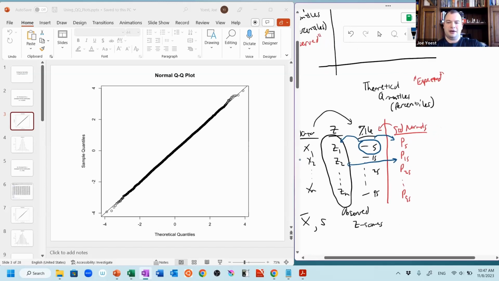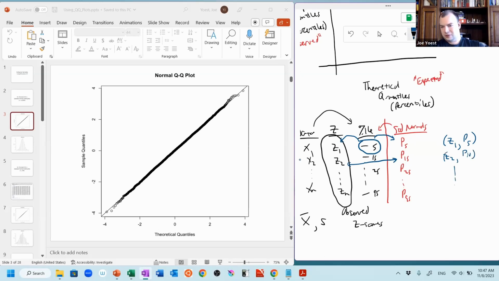So in other words, I have paired data, Z1, comma, P5, Z2, comma, P10, down to, I guess it would be Z10, comma, P95. I have a set in this case, say, of 10 ordered pairs. Or if I had a sample of size 55, I'd have 55 ordered pairs or whatever. Sample of size 10,000, I have 10,000 ordered pairs.